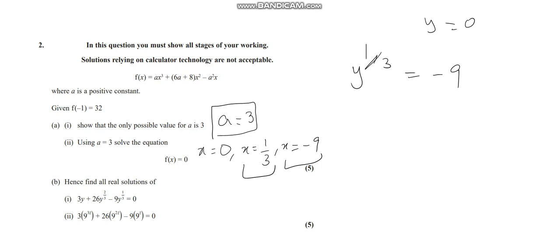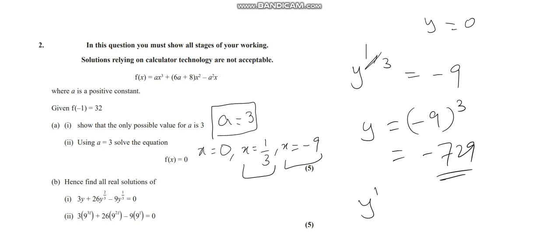So to find the y value, what I'll do is I'll just cube both sides. So this will be left as y and this will be minus 9 cubed, which will eventually give me minus 729. This will be one value of y, and for the second value I'll do the same with the 1 upon 3 one.